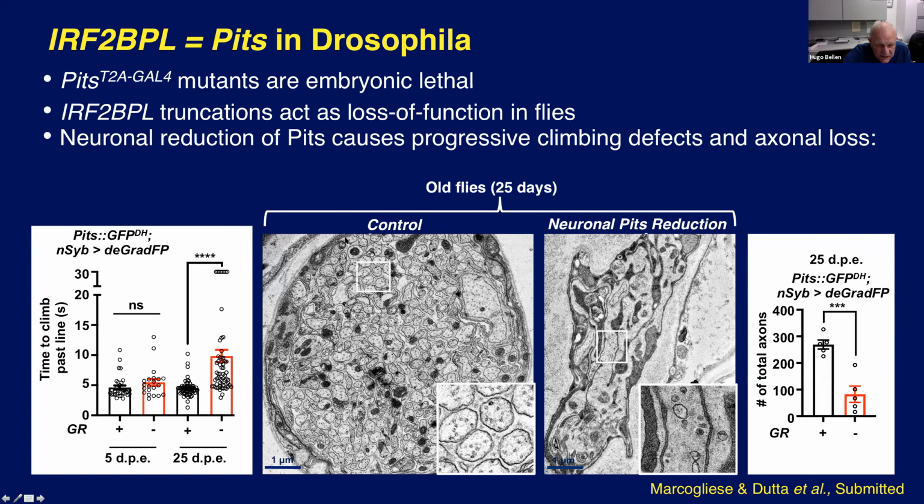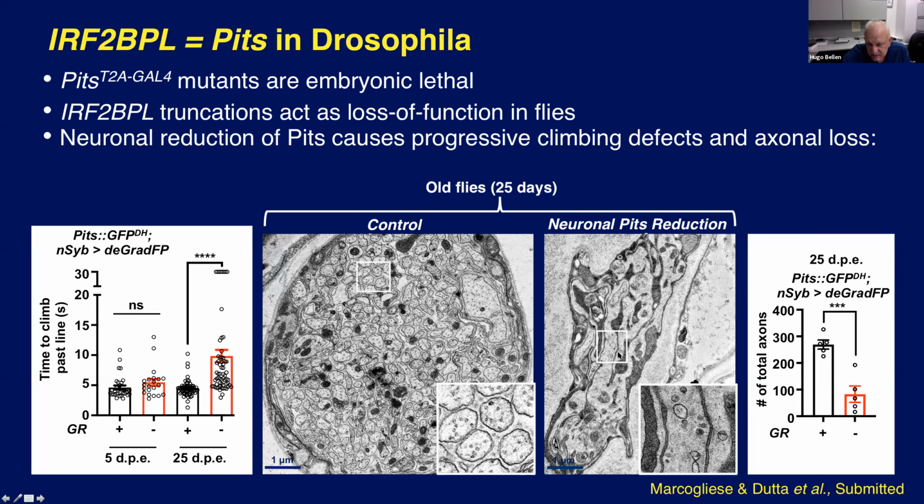And we then sectioned and did transmission electron microscopy on the wing nerve, the anterior wing nerve, which has a couple of hundred neurons, and therefore a couple of hundred axons. And you can see what happens after 25 days when you reduce PITS by about 50 to 70%.